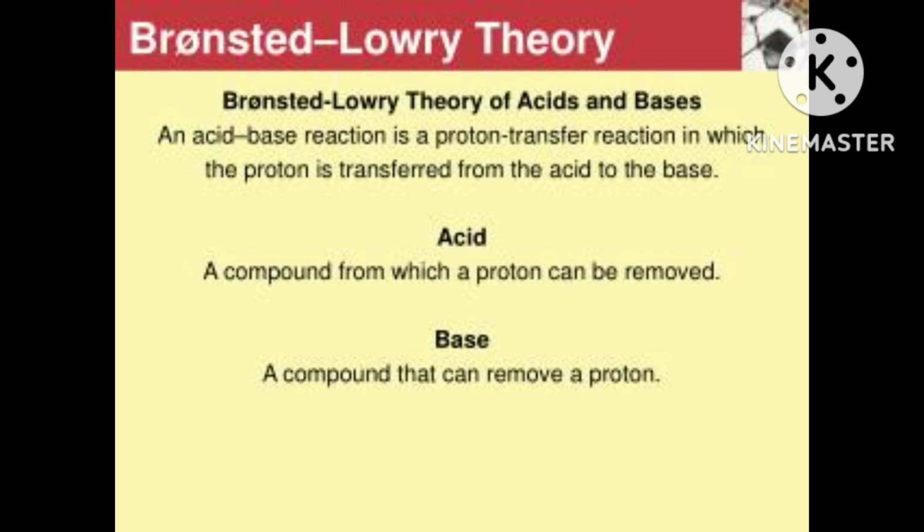But here if H is coming as H plus, it means hydrogen has no electron at all. H plus means its capacity is 2 electrons. Now not a single electron is with hydrogen. What it was having, it has given to others. That's why it is H plus. Then oxygen will give a pair of electrons, a full pair, 2 electrons to the hydrogen. Okay. Then oxygen has given 2 electrons to hydrogen.